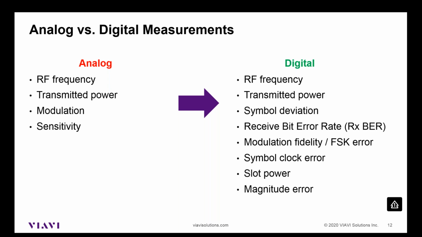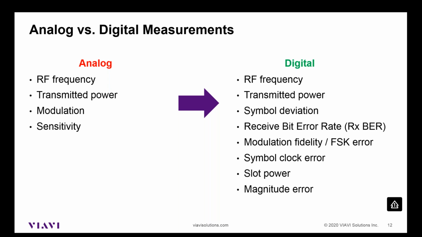Symbol clock error is another one of those measurements that we need to be able to look at to make sure it's good. If it's not, once again, we cause a loss of performance in that radio. Slot power and magnitude error.